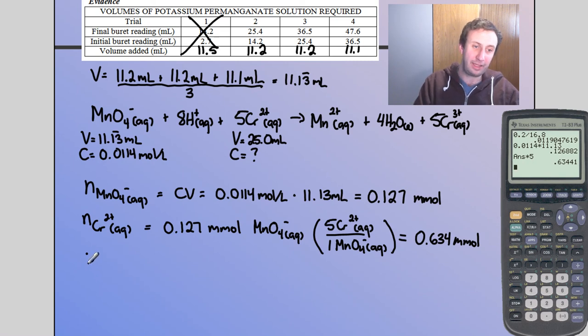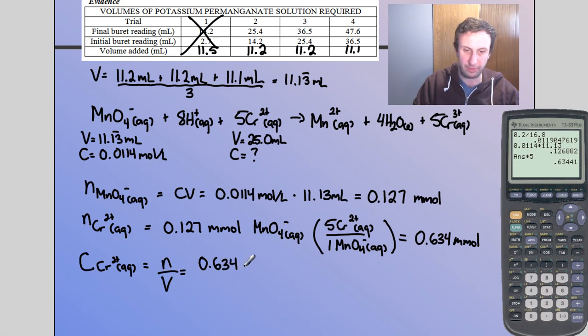And now I can find my concentration of chromium. So concentration of Cr2 positive aqueous is equal to moles divided by volume. So I have 0.634 millimoles divided by a volume of, at the end of the day, 25.0 milliliters.